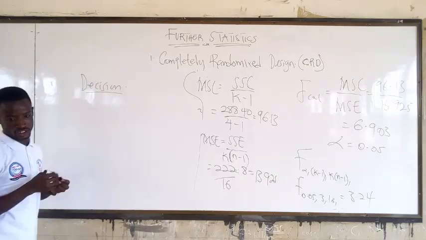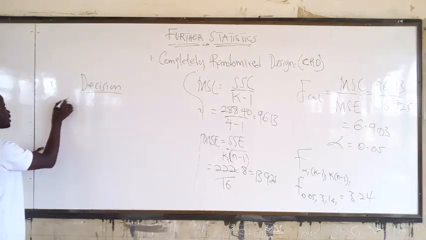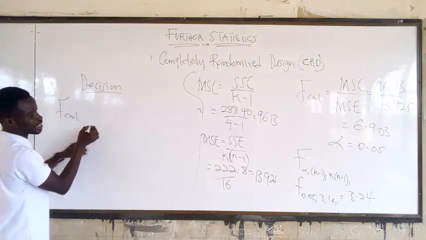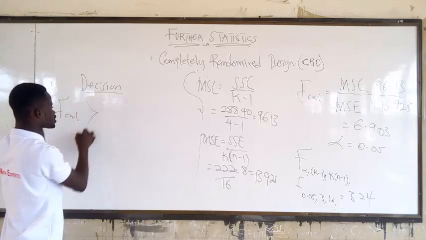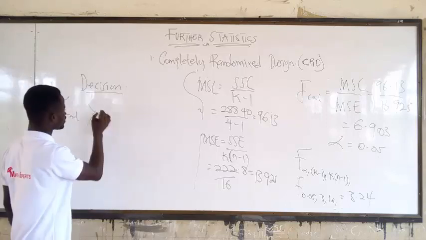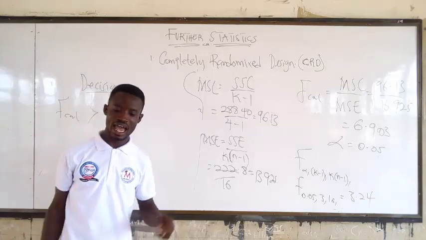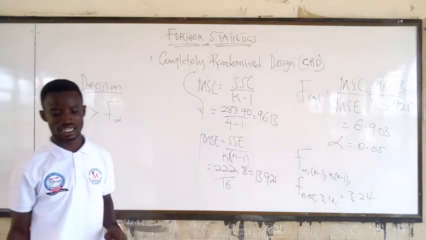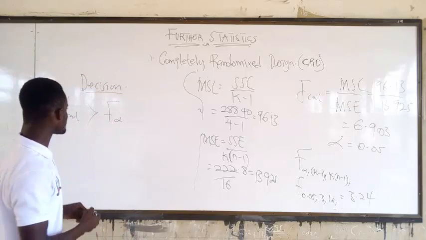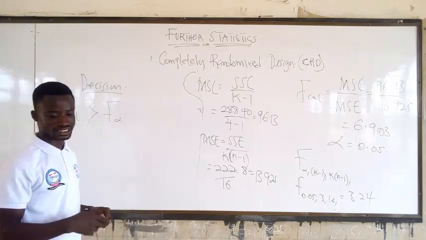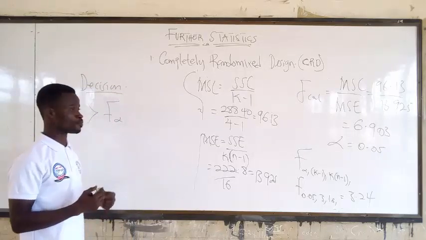You can see that F calculated, check the value. You see that it is greater than what? The F alpha. So the F calculated is greater than the F alpha. That means that we will reject the null hypothesis.